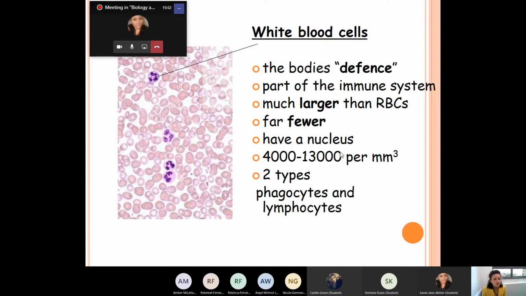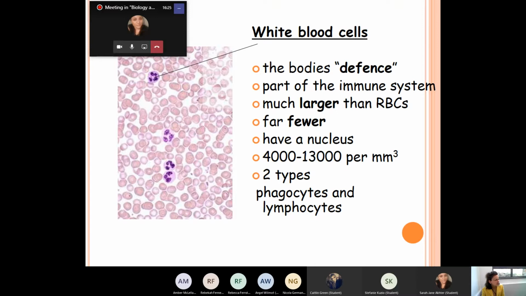So these are the average numbers per milliliter of blood. And there are two main types of white blood cells. Now, you're going to be discussing types of white blood cells and what they do in a lot more detail in your infectious diseases unit, which you're doing with Julie.